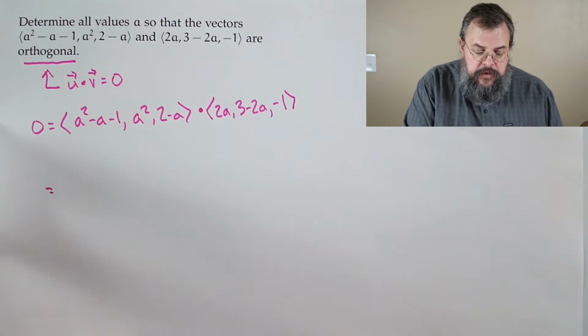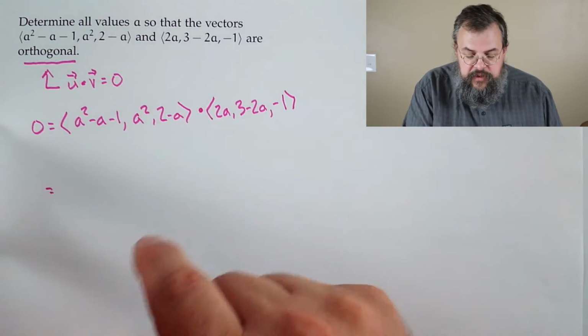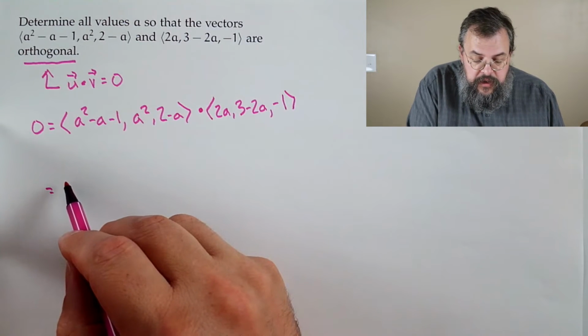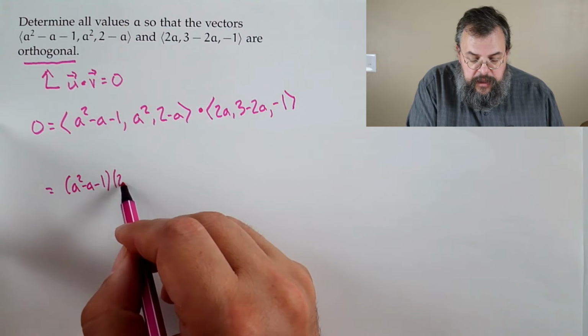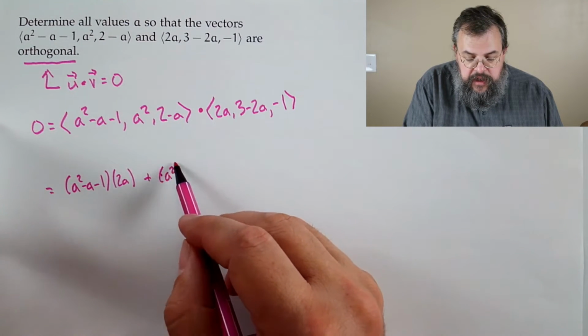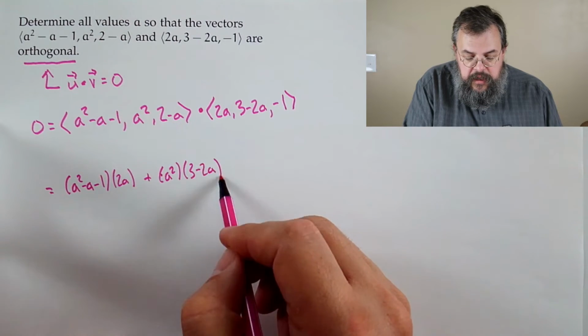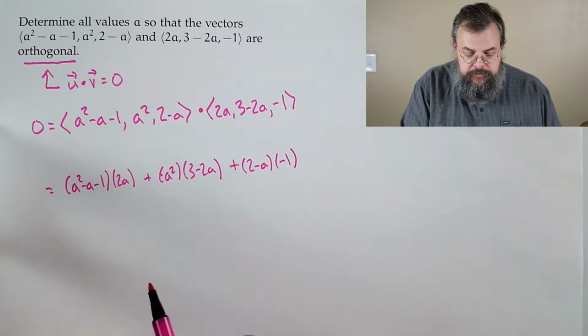So, for dot product, we just multiply the first entries, the second entries, the third entries, add things all together. So we're going to get a squared minus a minus 1 times 2a, plus a squared times 3 minus 2a, plus 2 minus a times -1.